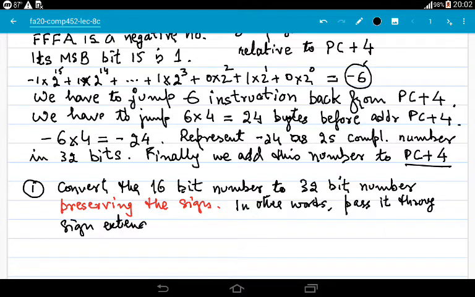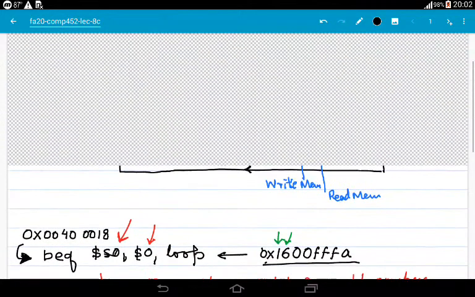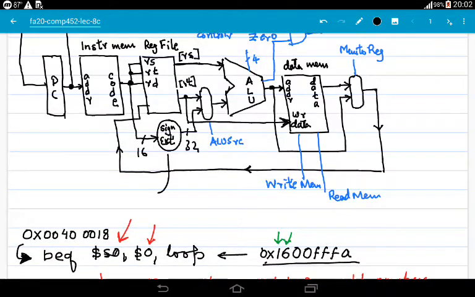Okay, we already have that sign extender. Look, there we go. This is our sign extender. So we just have to pass it through the sign extender.